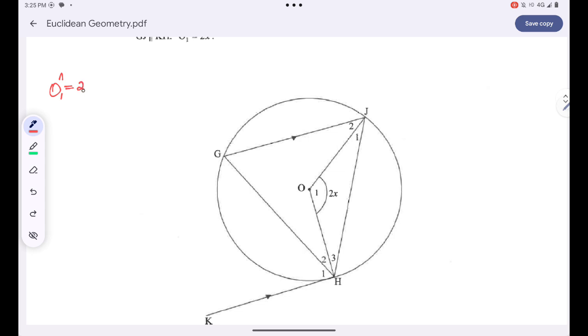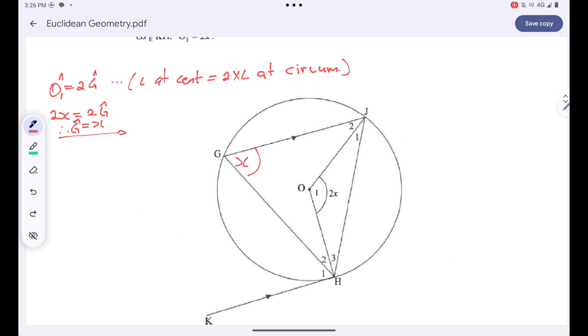Angle O1 is 2 times angle G. The reason behind this: angle at the center is 2 times the angle at the circumference. So if that's equal to 2x, that's 2G. Therefore, angle G will be equal to x. That's the first angle.